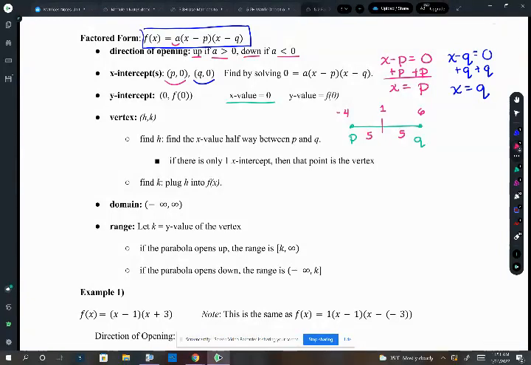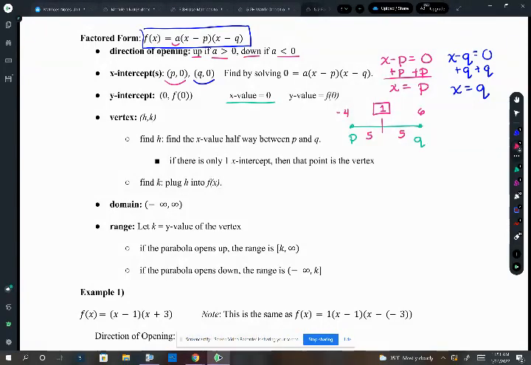So this value right here would be the x value, or the h value, of your vertex. And then we're going to take that value and plug it into your equation for the x values, and we're going to solve, and we're going to get the k value.